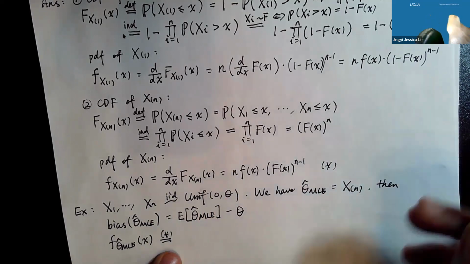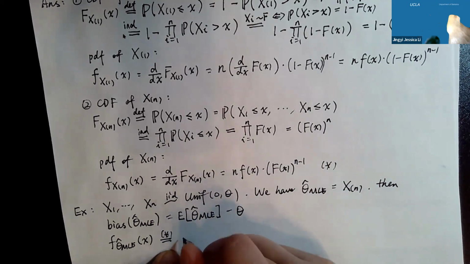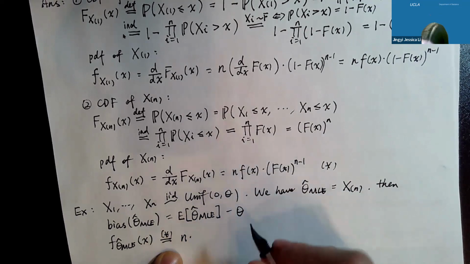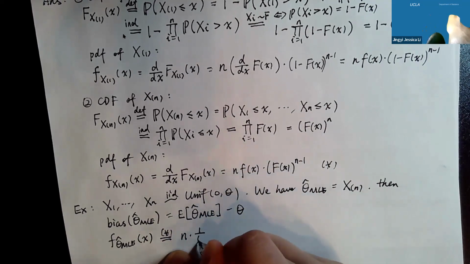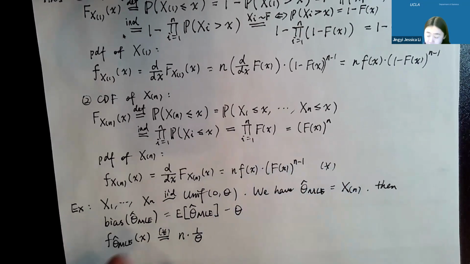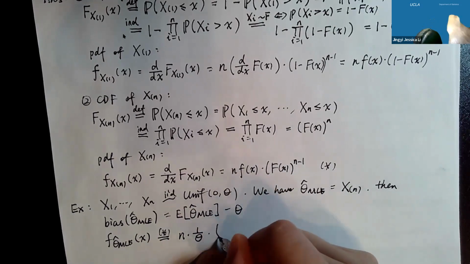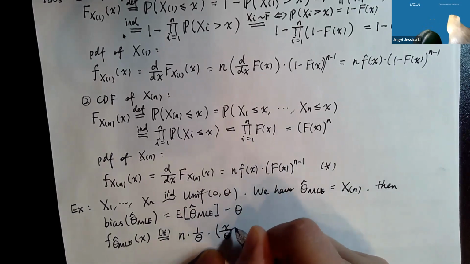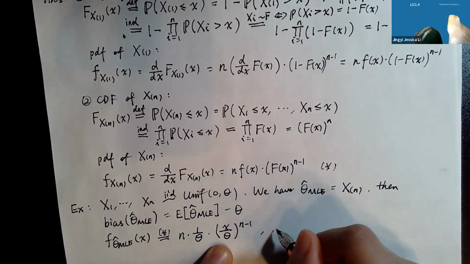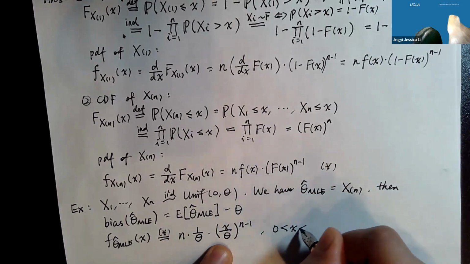So let me just quickly say it. It's equal to n times, here the density is 1 over theta, and F_X is the CDF, which we know is equal to x over theta, raised to the power n minus 1. I need to say this is for x between 0 and theta.